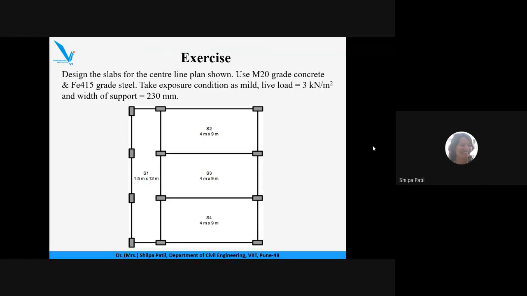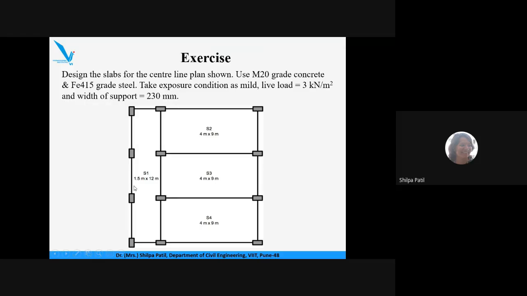So the given data is, we know the grade of concrete, grade of steel, live load is also given, and the width of support is also given as 230 mm. So for this data, we are supposed to design all these slabs. If you observe the figure carefully, there are total 4 slabs. The first one is S1, which is the slab having the largest length in the y direction.